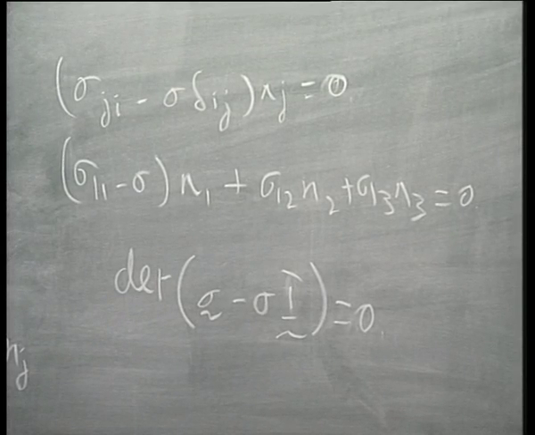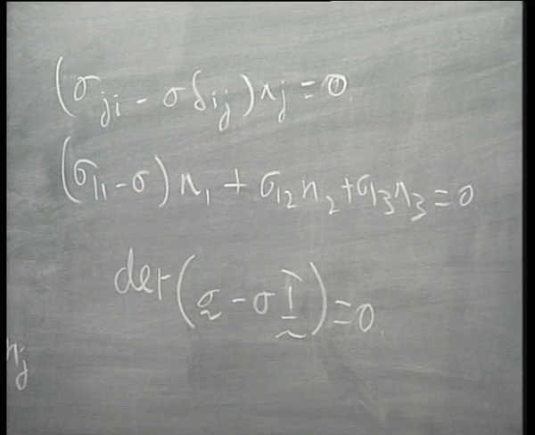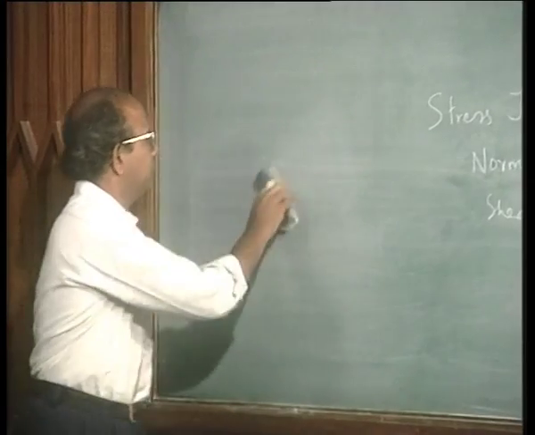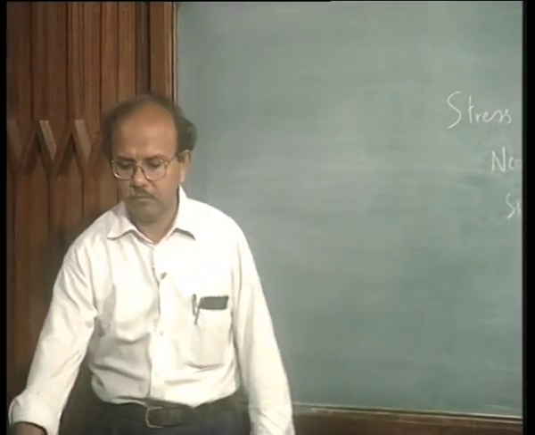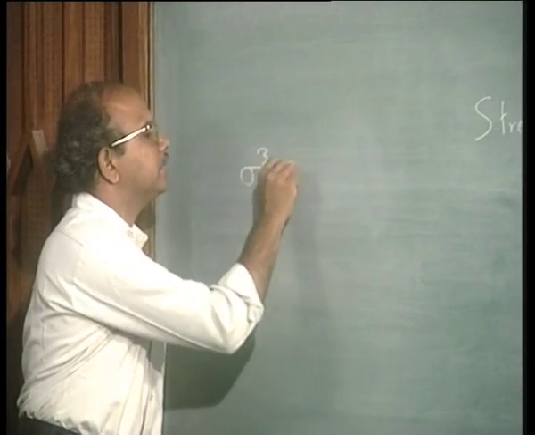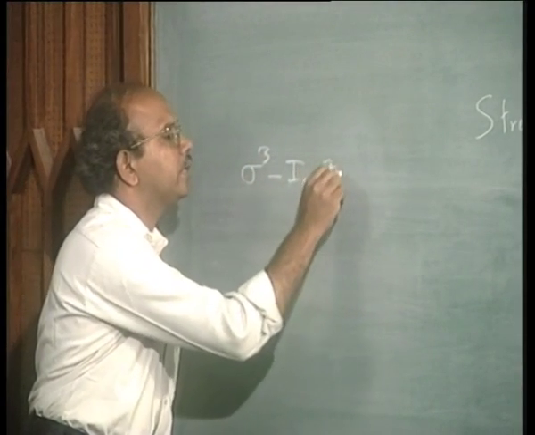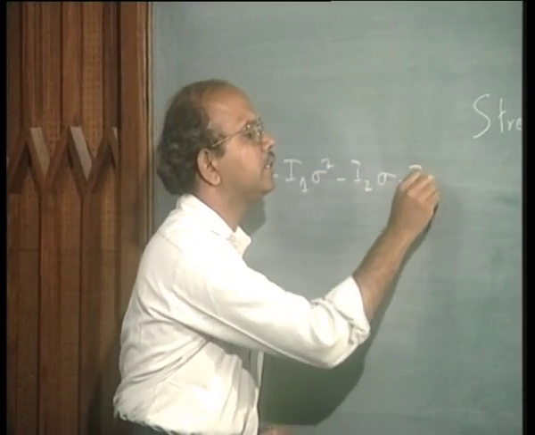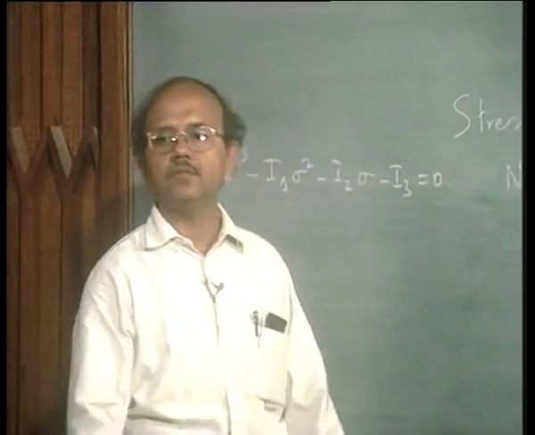From determinant sigma minus sigma I equal to 0, I can get a cubic equation, which can be written as sigma cubed minus I1 sigma squared minus I2 sigma minus I3 equal to 0.